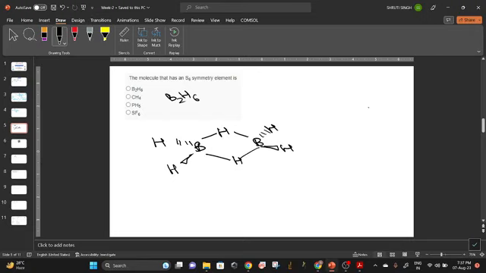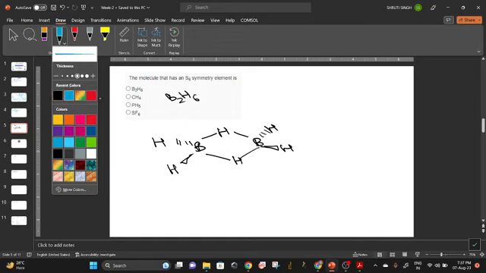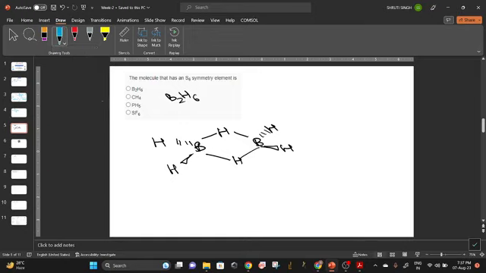Now let's figure out what symmetry elements are present in it if possible. First, it seems very symmetrical. So can you see C2?